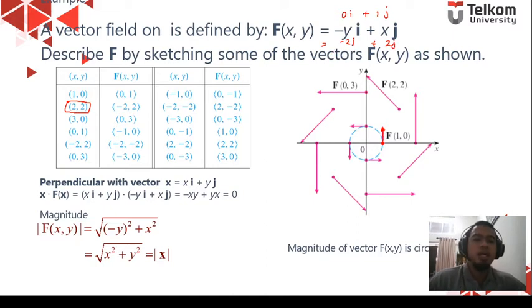That means going to the left 2 and also going up 2. So this is the vector at 2, 2. In the last one, for example, 3, 1, the vector field should equal 0i plus 3j.